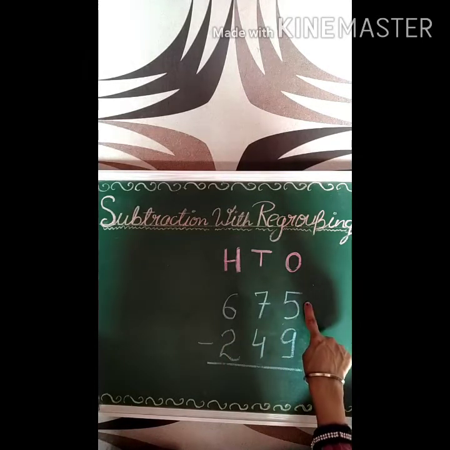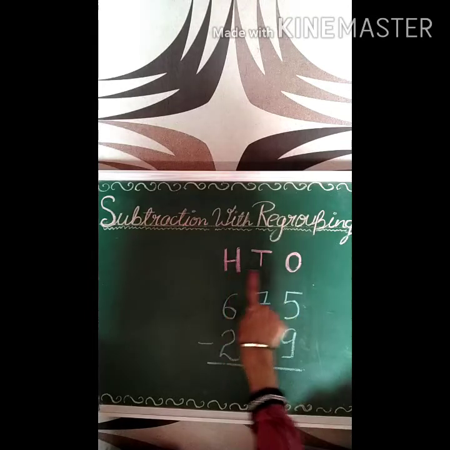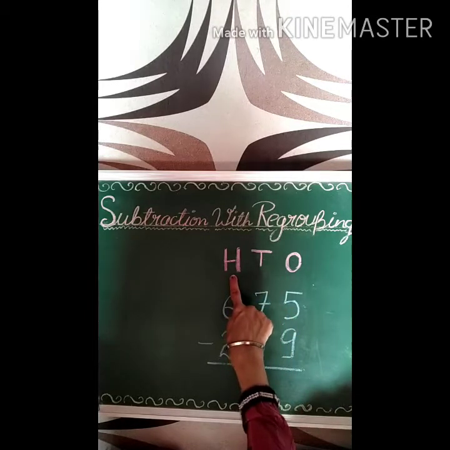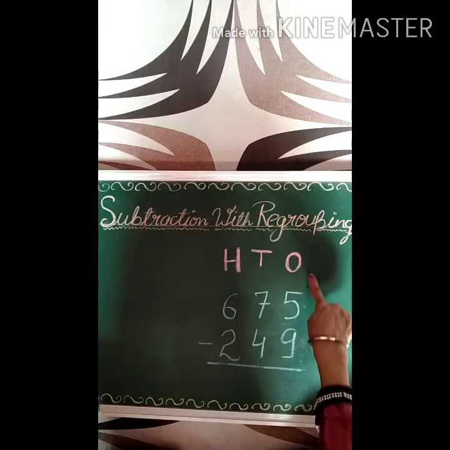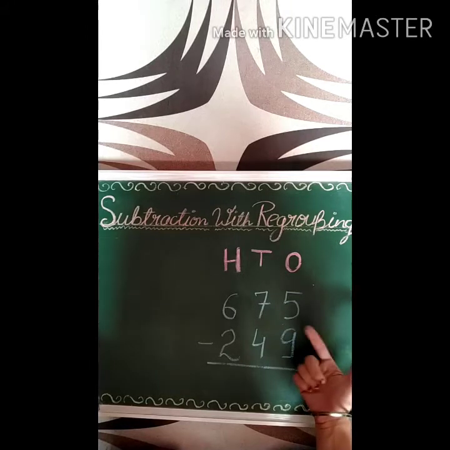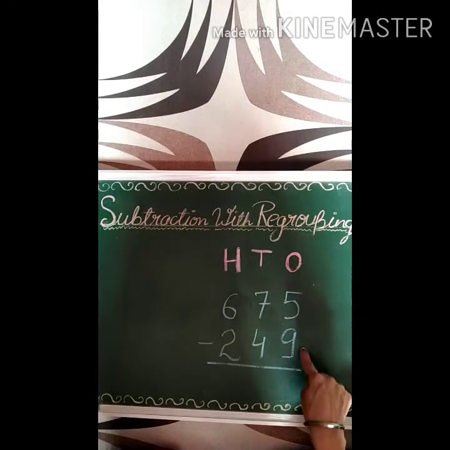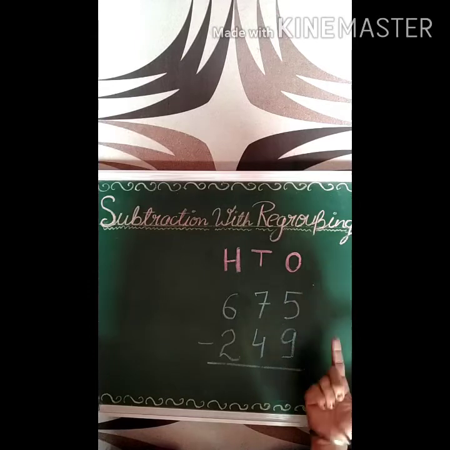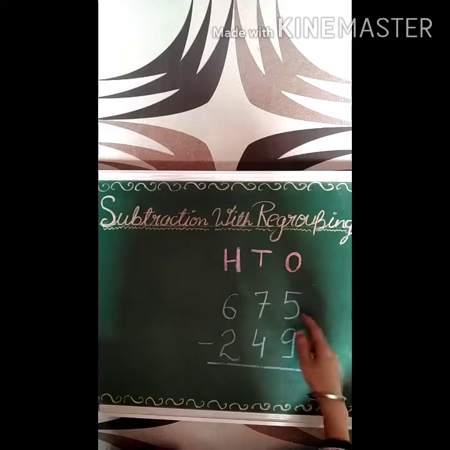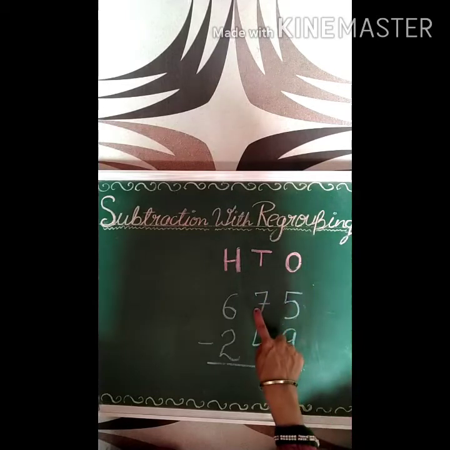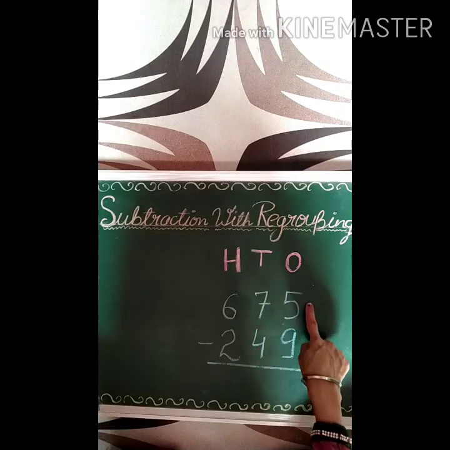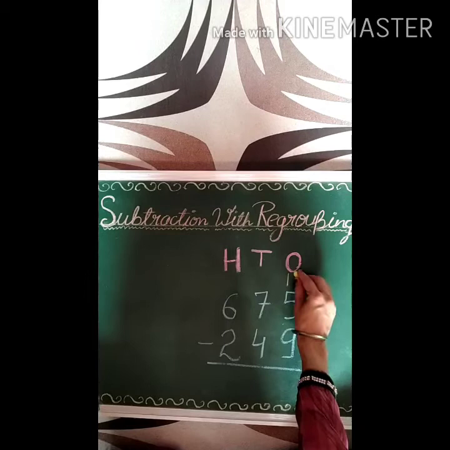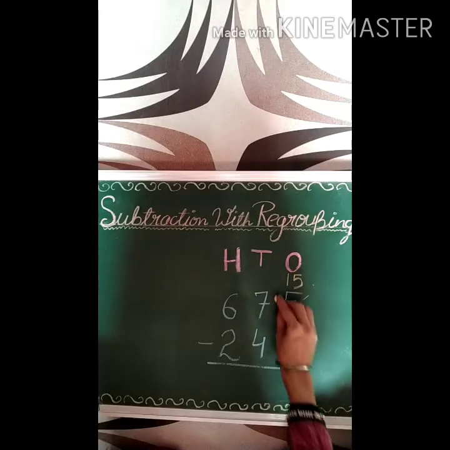We write the place value table on the above side of the number and start subtracting from the ones place. But what we see here is that we cannot subtract 9 from 5. So now what will we do? Yes, we borrow 1 from the tens friend and it becomes 15, and tens will become 6.